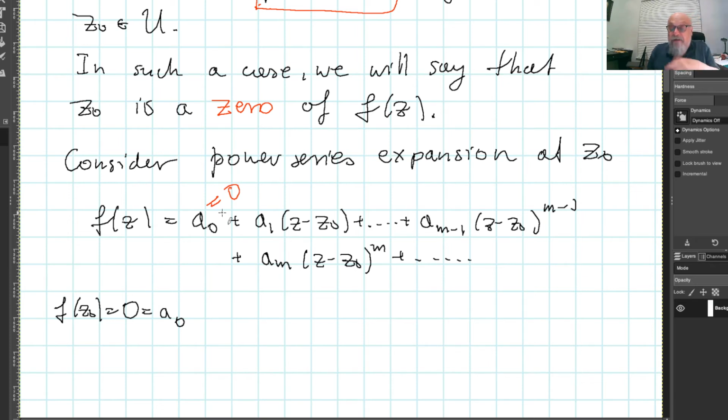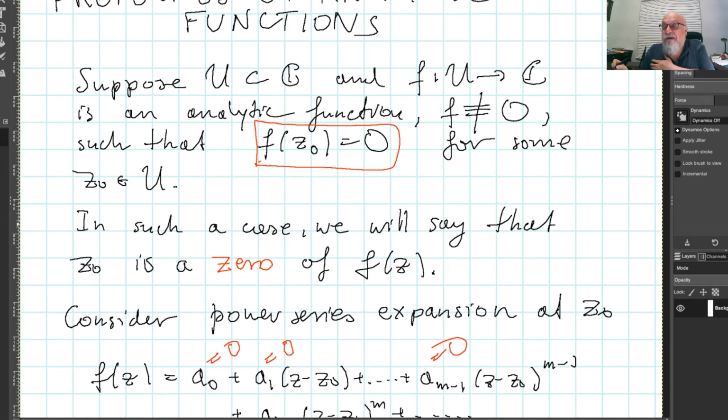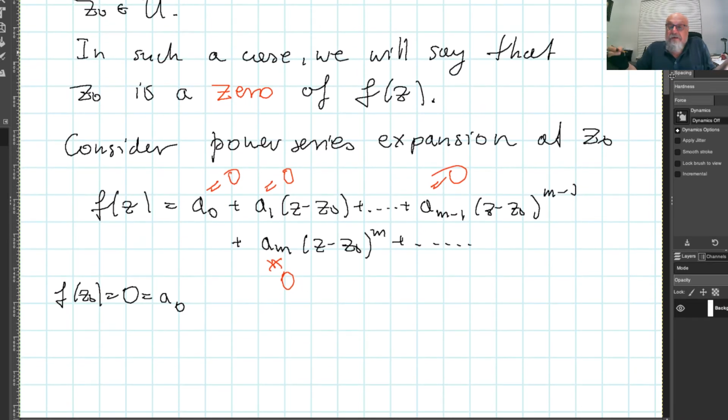If this one is 0, then maybe there are other zeros. Maybe this one is 0, maybe this one is 0, and this one maybe not 0. They cannot all be zeros, because in such a case your function would be identically 0, since all the coefficients are 0. That would contradict our assumption.